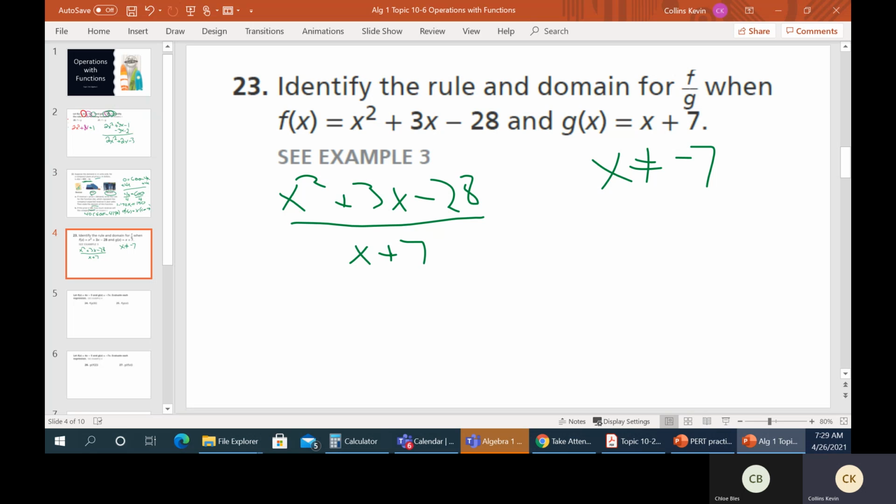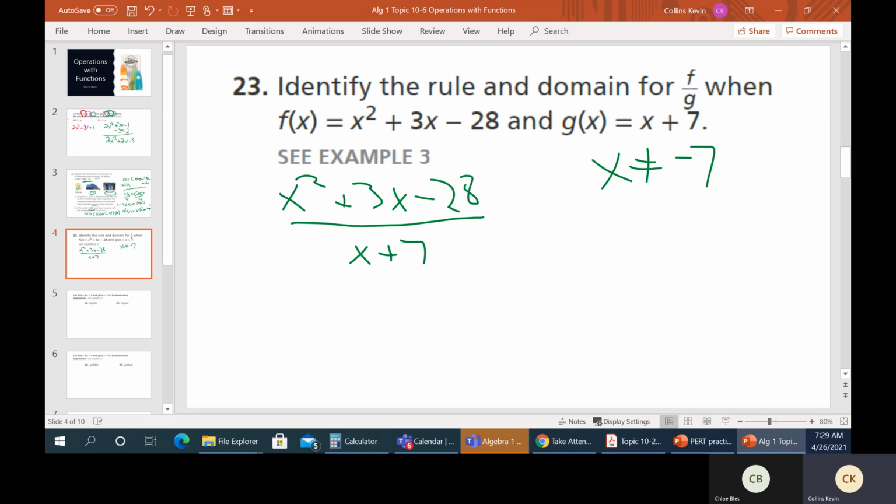All right. So that being said, chances are pretty good, especially in a math class like this, when you have an x squared upstairs and an x downstairs that you can probably factor this guy and be able to cancel out some stuff on the top and the bottom. Well, the only thing we could possibly cancel out here is x plus 7, right?